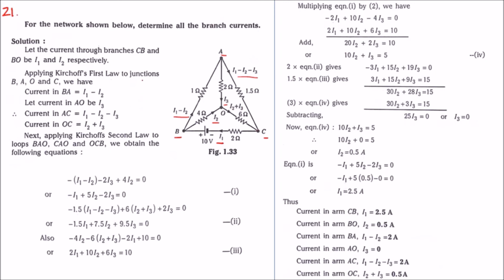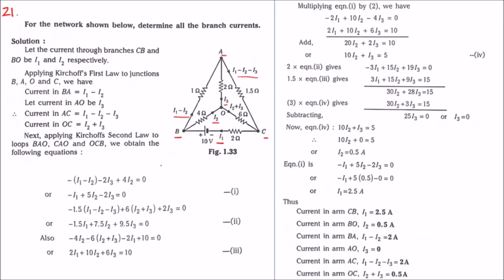So we have done this by applying Kirchhoff's first law to all the junctions. Now we will use Kirchhoff's second law, that is the voltage law, on the loops. There are 3 loops, that is BOC, BAO and AOC.